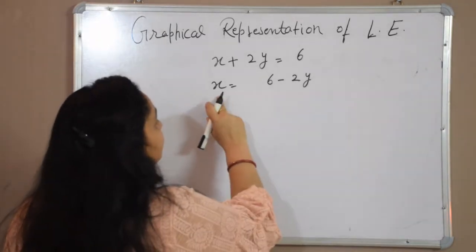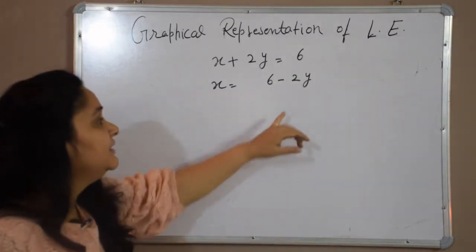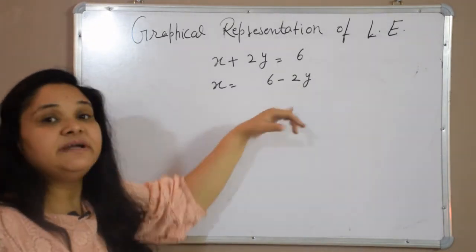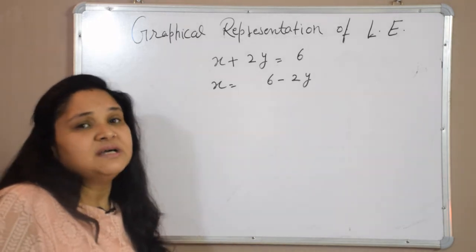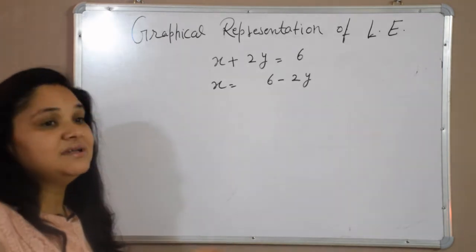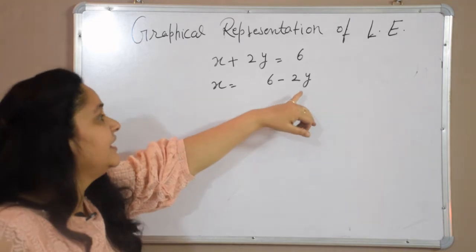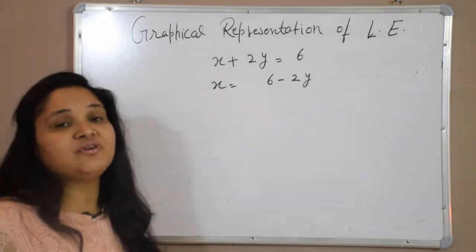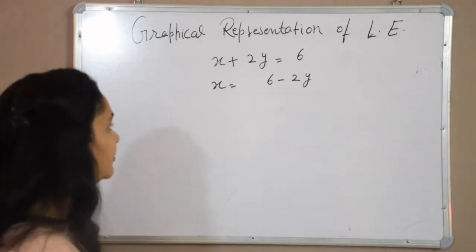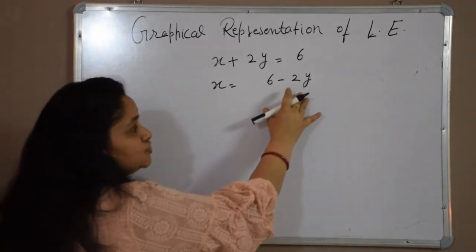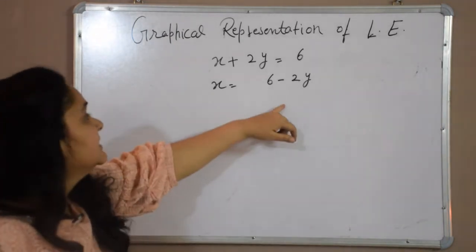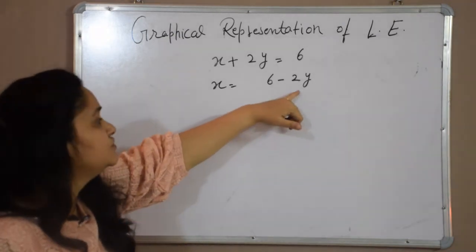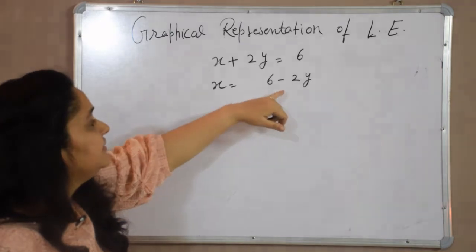But if you are converting x in terms of y, then you will choose the values of y here, and so y is called the independent variable because there is no dependency on other. It's your choice. You can choose y anything like positive, negative, minus 3, minus 5, 100, 1000, whatever you want. But here when you choose y once, the x will give you the values accordingly. If you choose y 1, x will give you 4.